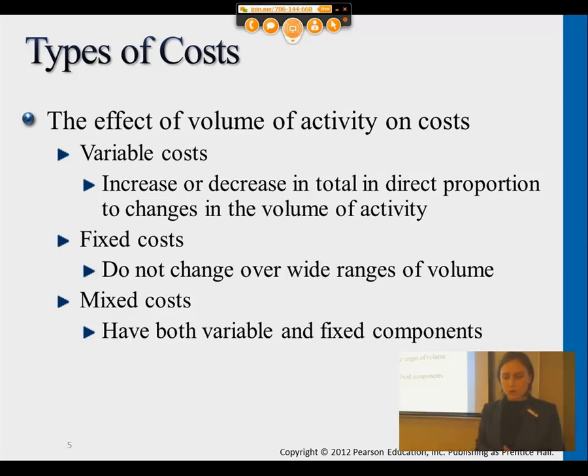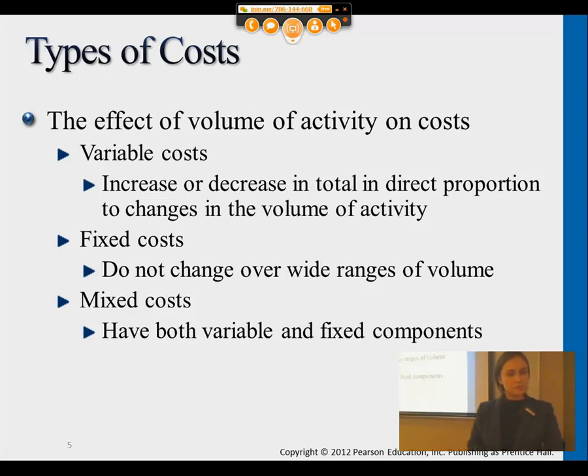Okay, so why do we need to know this? Why do we want to distinguish which costs are affected or not? Because all your managers, they want to know how business is going to be affected once the production line is added or you have a reduction maybe in production and so on.